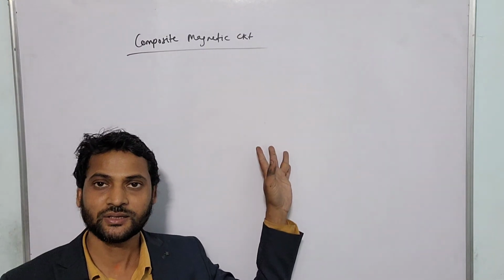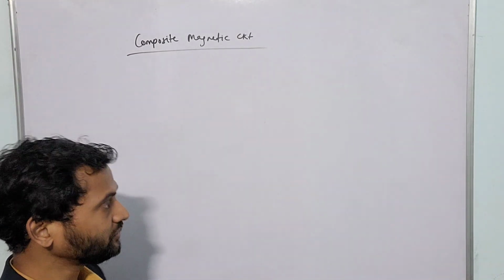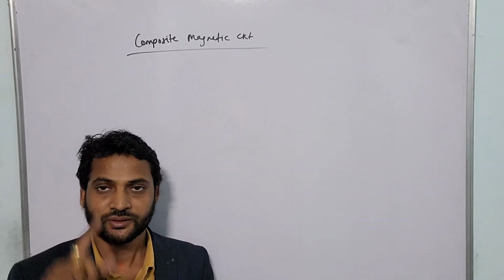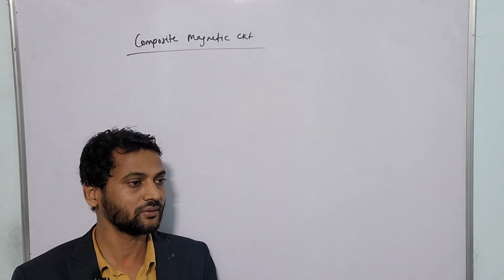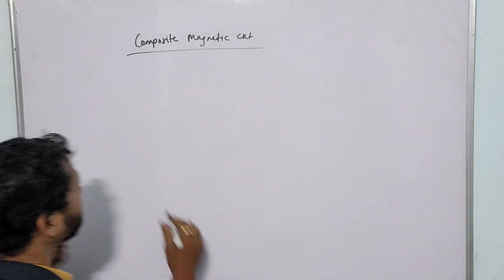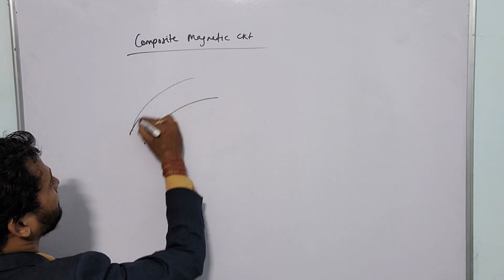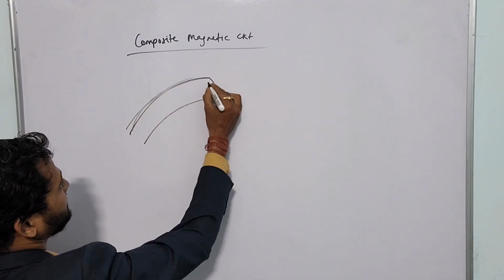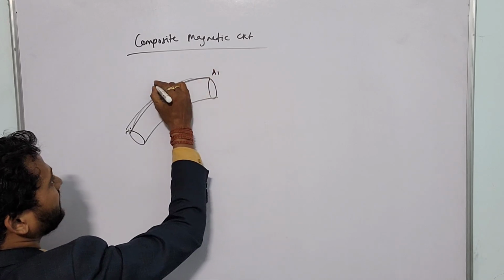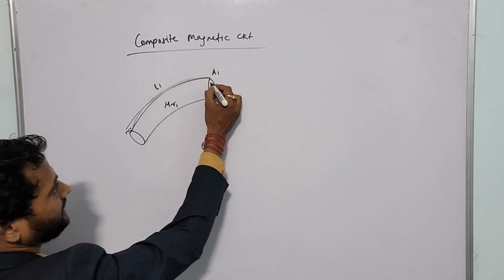Composite magnetic circuit क्या है? It is a series of different magnetic circuit. Different magnetic circuit मतलब we have different magnetic material with different dimension. Then we'll have to find out what is the total MMF, total magnetomotive force. Let us consider a composite magnetic circuit like, okay, this is a magnetic material of, let it be area A1 and length L1 and relative permeability is mu R1, right?